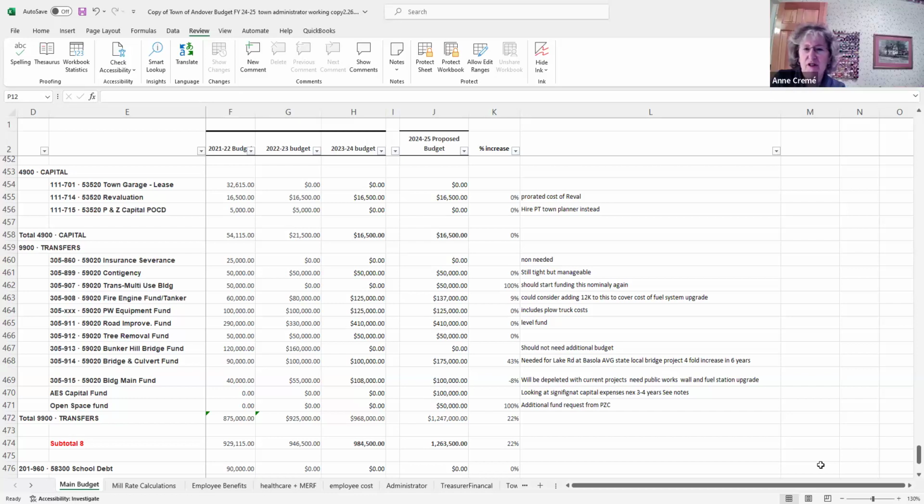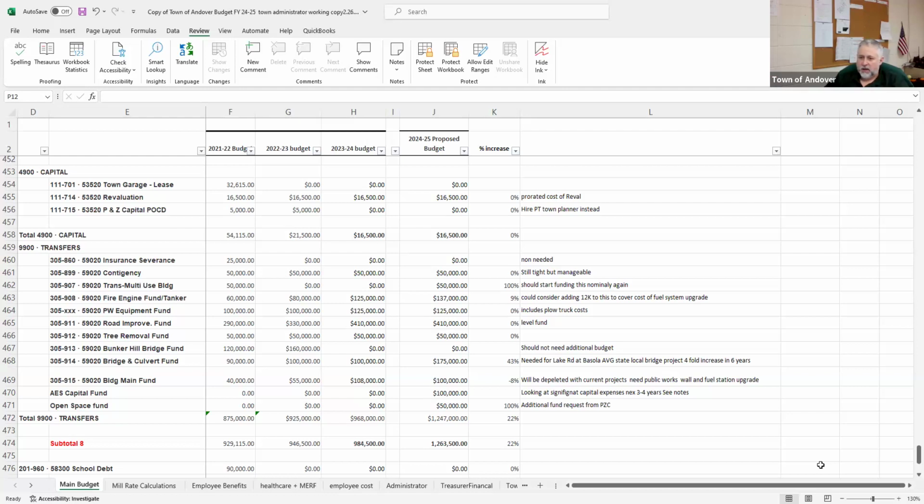I have a question, though. I know that CIP had approved the refinishing for the gym floor. Is that in this budget, or is that something for a future budget? I didn't know where that was. Well, my assumption is that we would fund that out of the building maintenance fund.